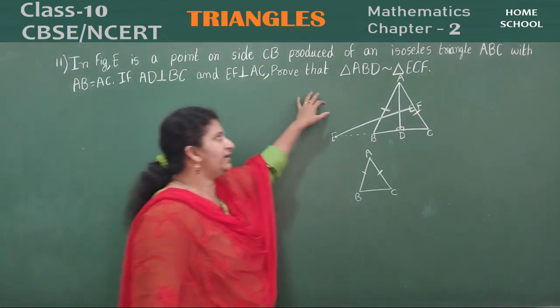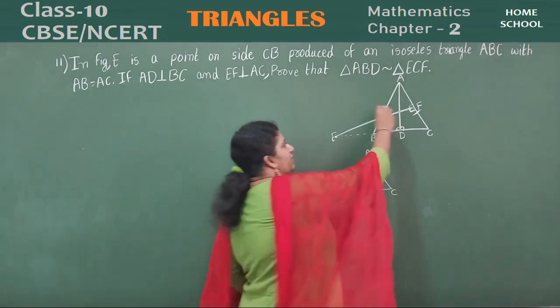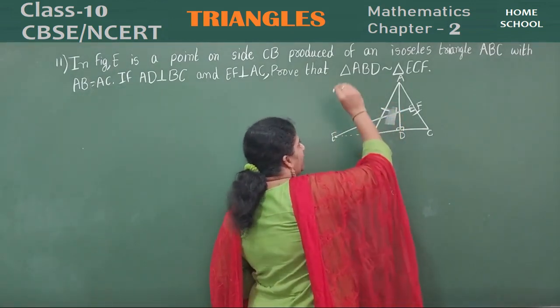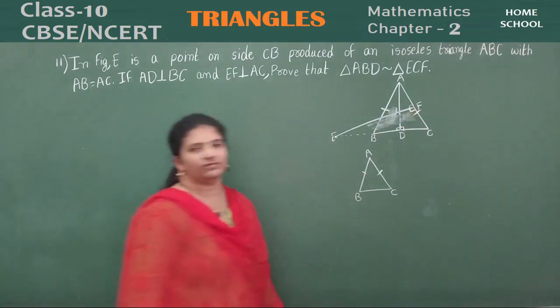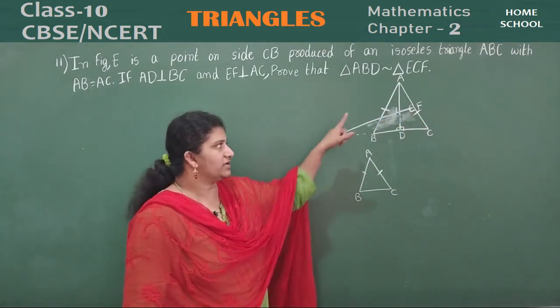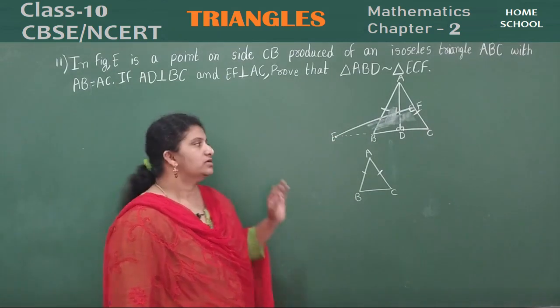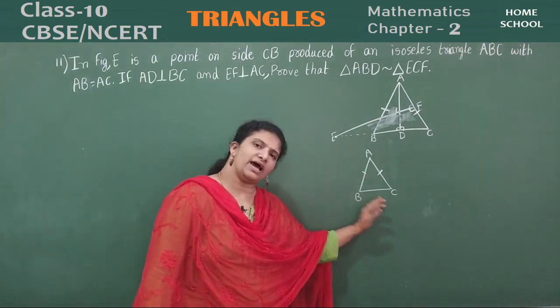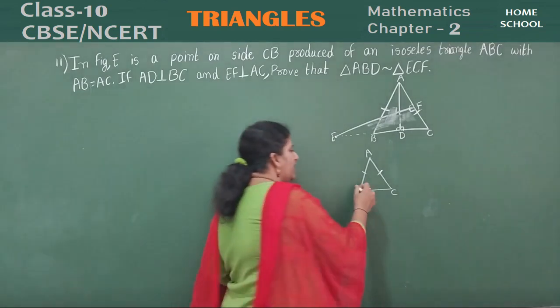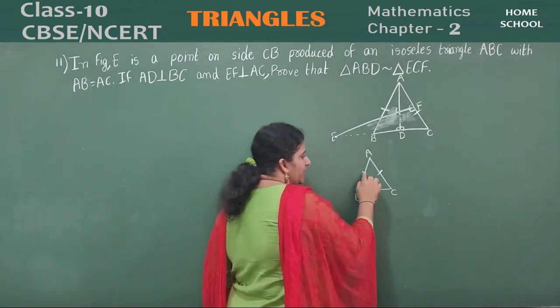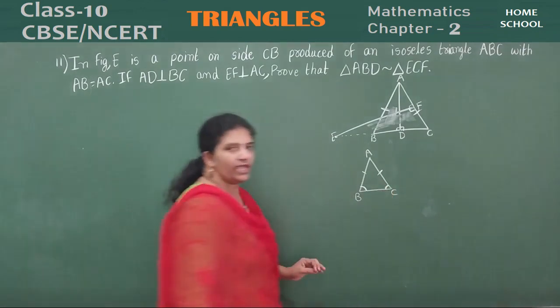Prove that triangle ABD, observe where is the triangle? This is the triangle ABD and triangle ECF. Just try to observe where I have shaded here. So now, when you remember the isosceles triangle, these two sides are equal, given. Then I can say the opposite angles are also equal.